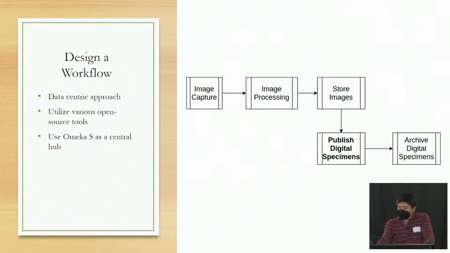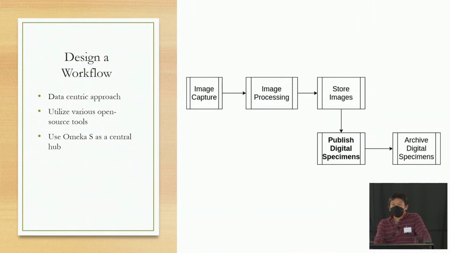Because at Lakehead we have a small team, we sat down and examined the data flows in the project. There are two major types of data in this project. One is images, and the other is the metadata associated with each image.